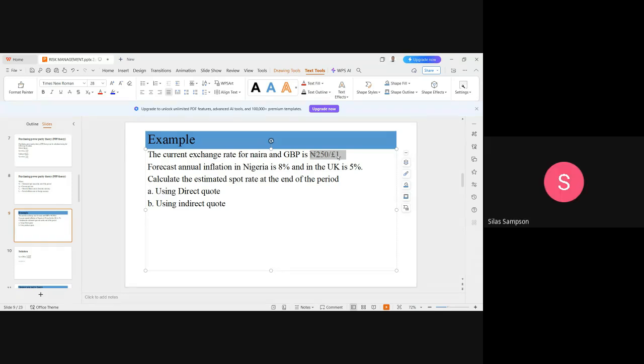It means you need 0.004 pounds to get 250 naira. That is the reciprocal.